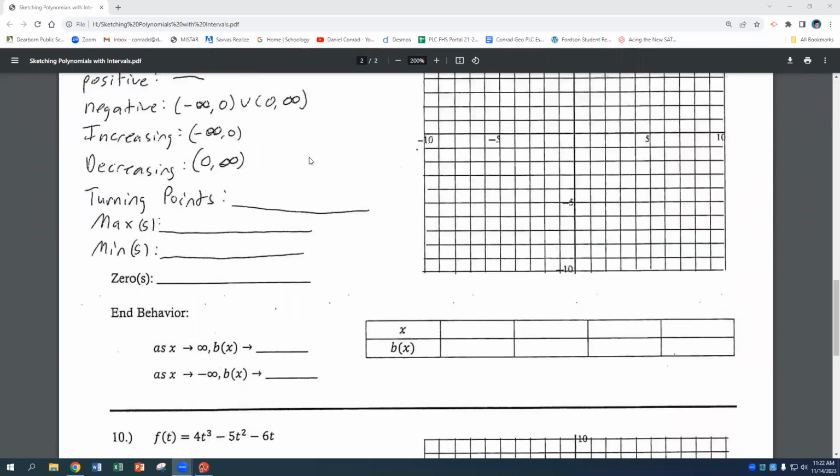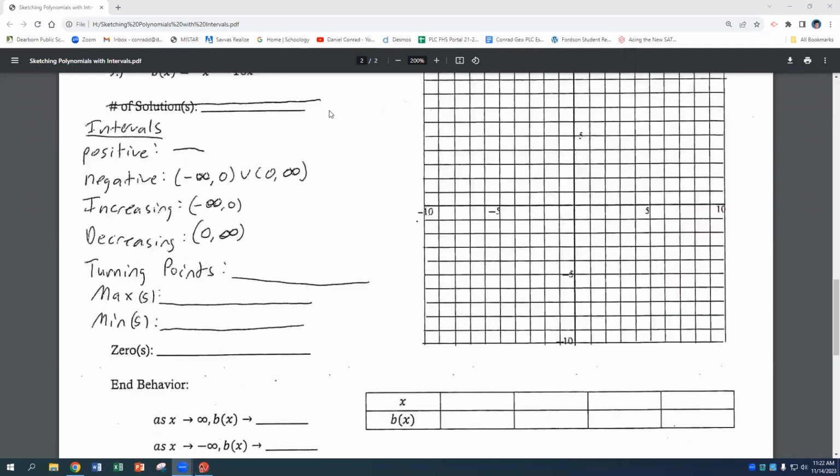Two more here. On this one, using my positive and negative intervals, the only x-intercept is 0, and using decreasing and increasing, the turning point is also just 0.